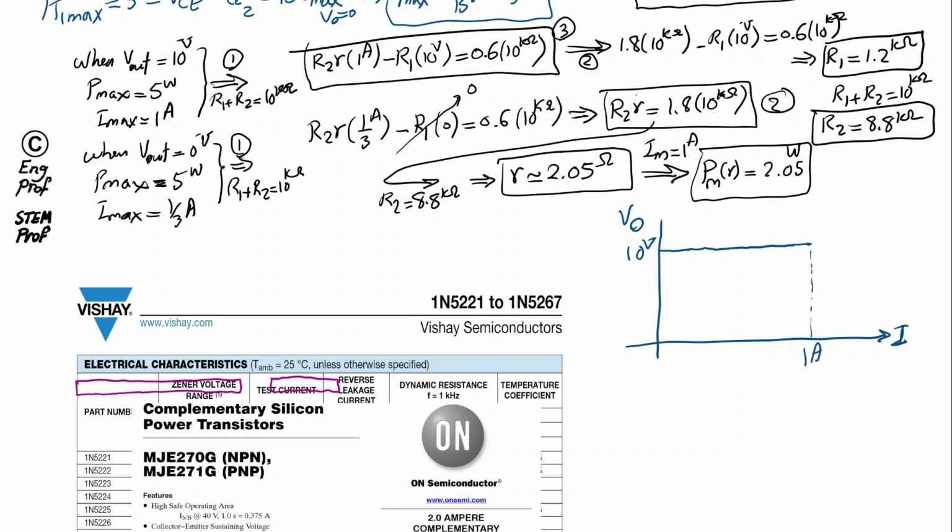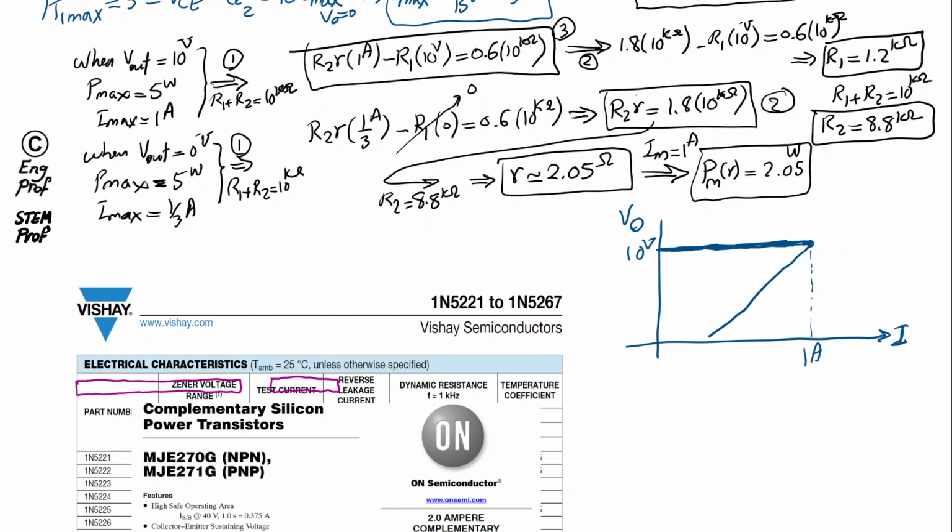As soon as we hit that limit, the foldback or current limiting feature kicks in. From that point on, if you still keep reducing RL, the circuit can no longer keep the output voltage at the 10 volt level, and the foldback feature starts reducing the voltage.